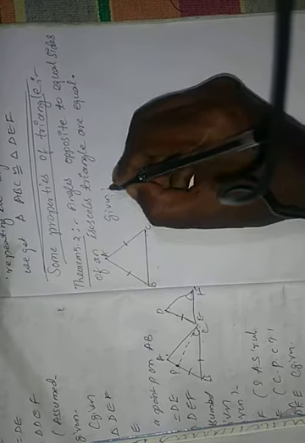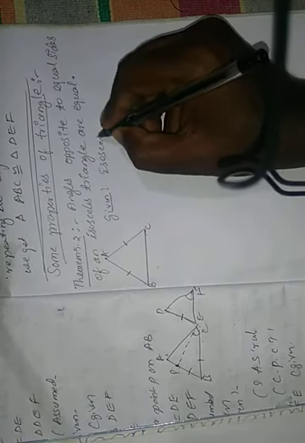Let us write the given first. Isosceles triangle ABC, in which AB is equal to AC.